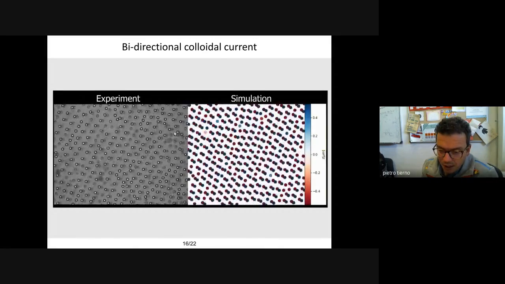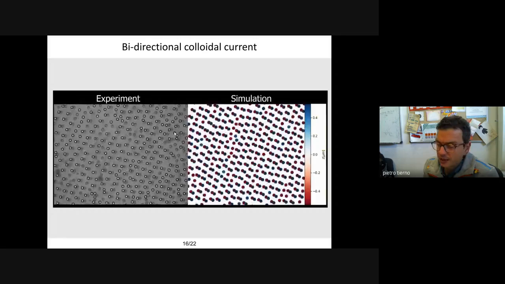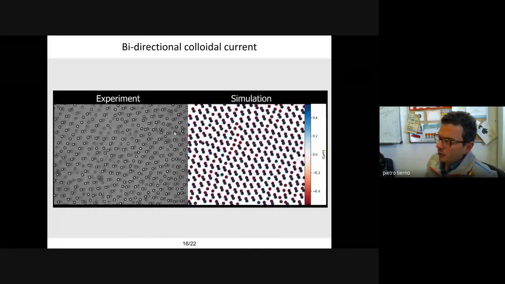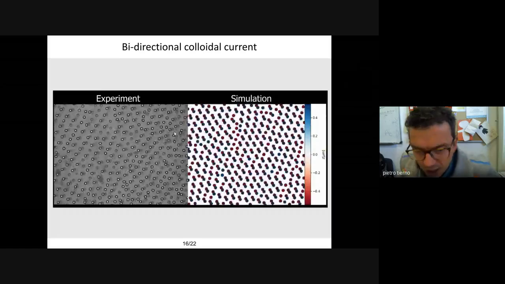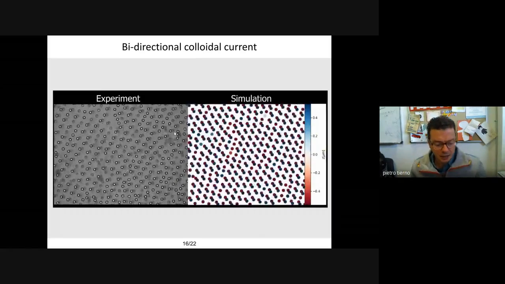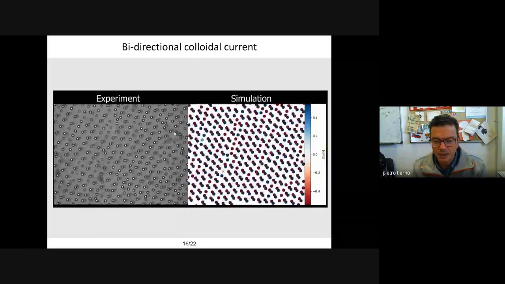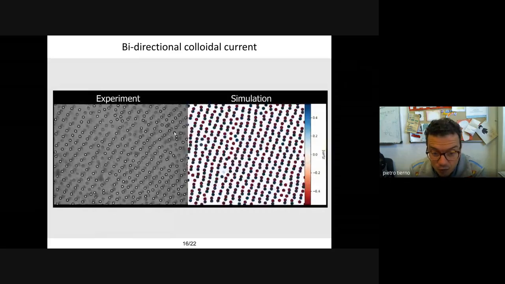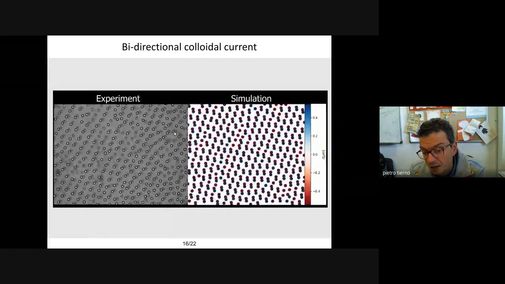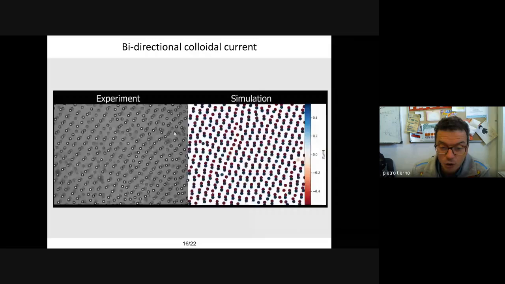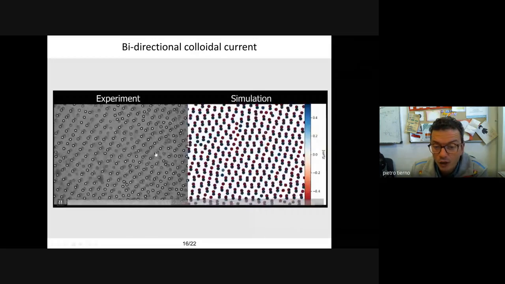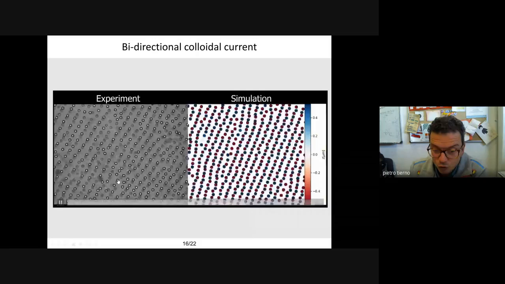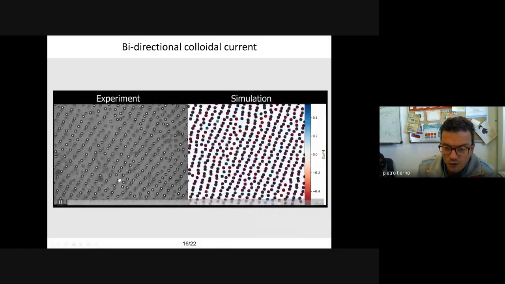Now, the important point is to understand where this current comes from, because up to now, what I showed you are dynamic states where you do not break the spatial symmetry. You have transport of particles across, like in these exchange phases, but the colloids move around randomly. There is no directed motion of one population of colloids toward the bottom or toward the top.